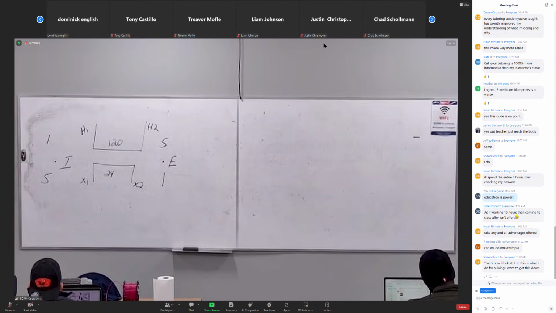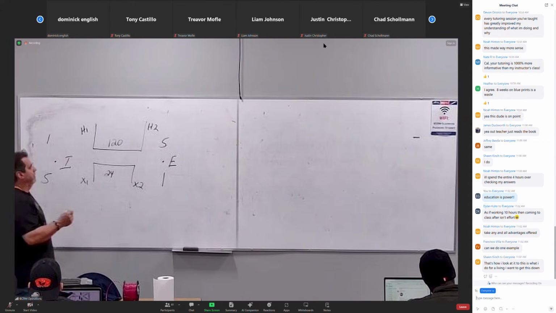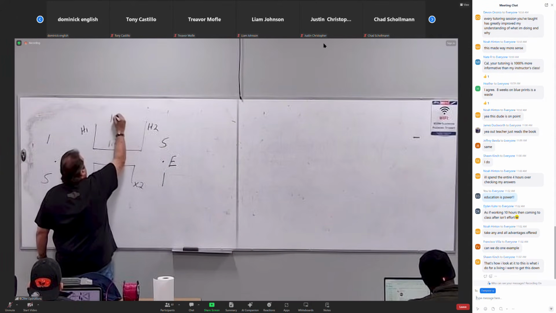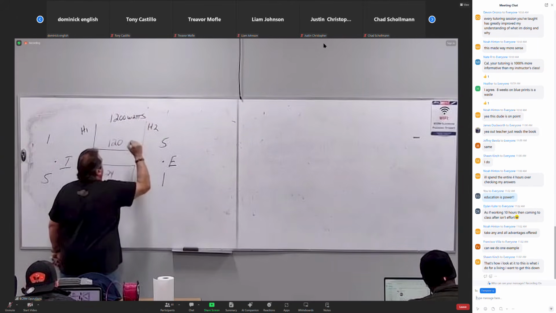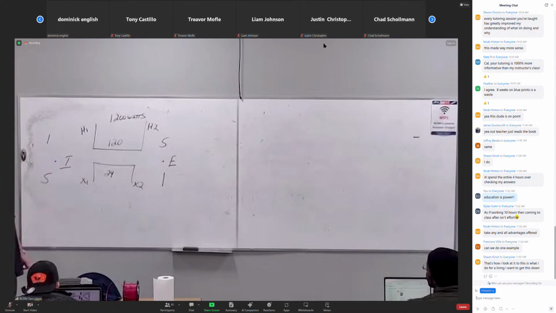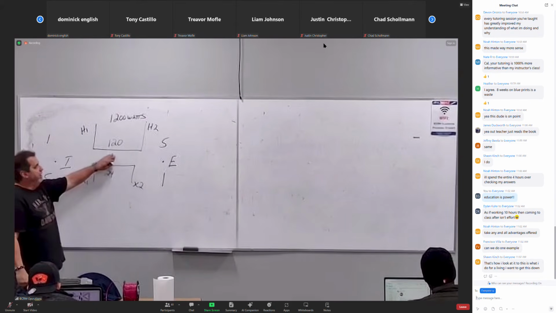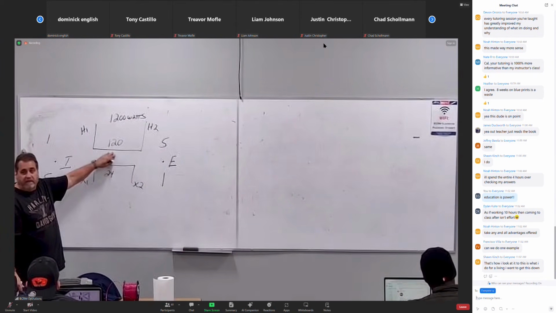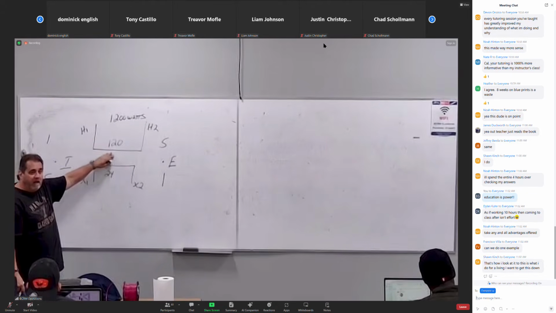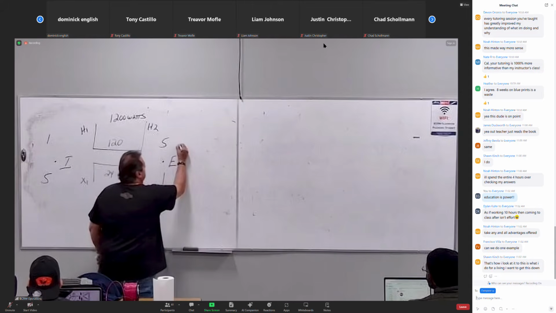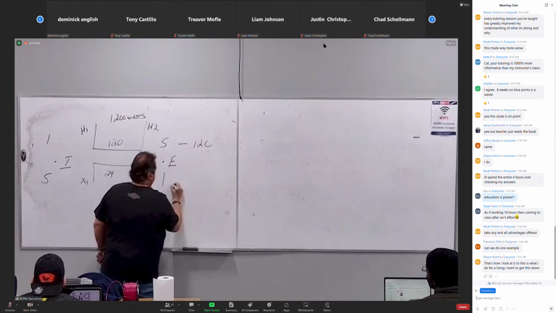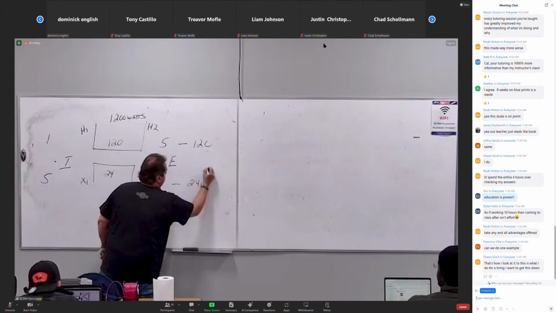Let's say that my load here is 1200 watts. Power in equals what? Power out. Ohm's law on transformer windings. P over IE. I already know my voltage. 120. 24 volts.